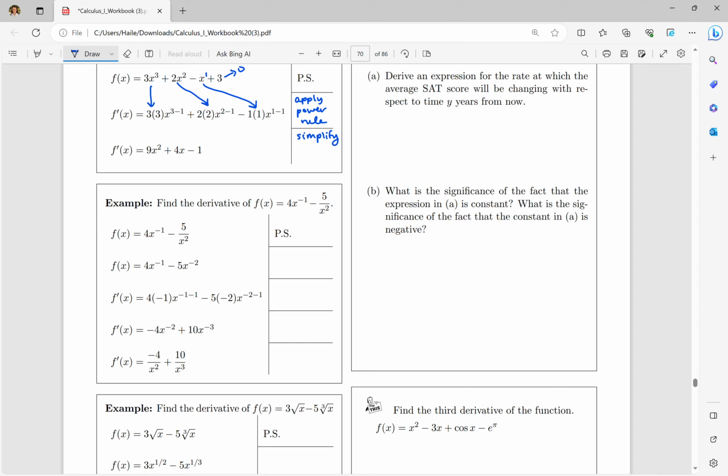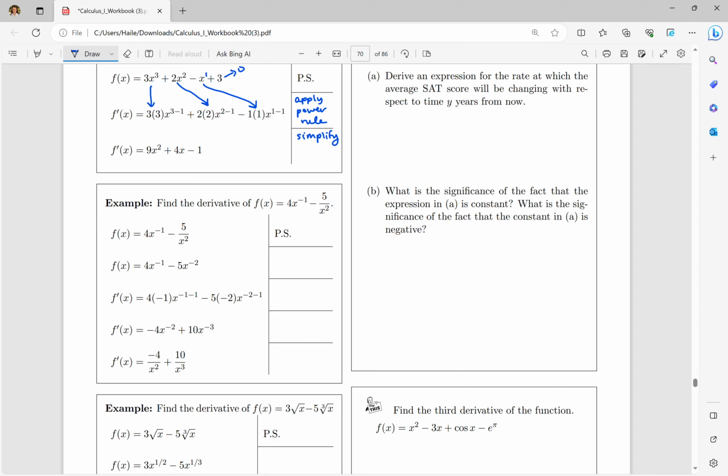So as always, we start with our problem statement, so we rewrite our problem, and then we know that to use the power rule, we need to just have x raised to some power. That power can't be in a denominator, so we need to find a way to get this x squared out of the denominator. And the way that we do that is we use negative exponents.